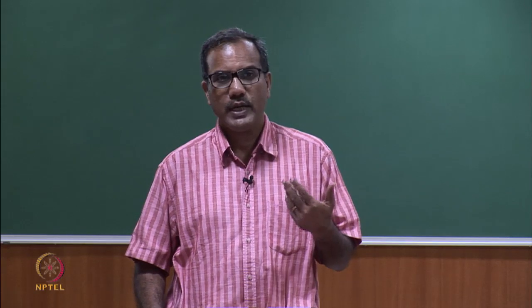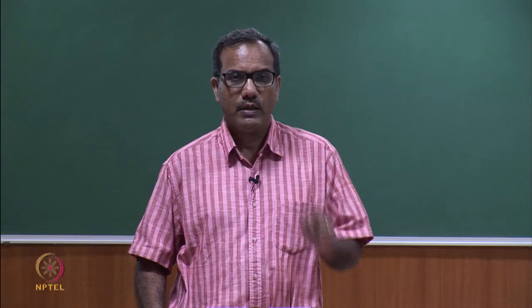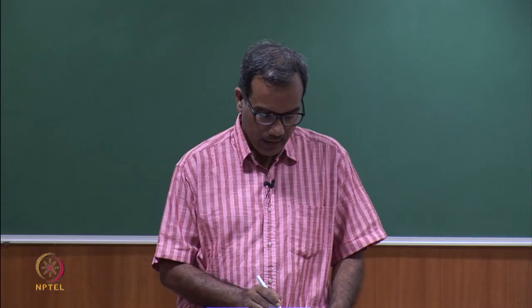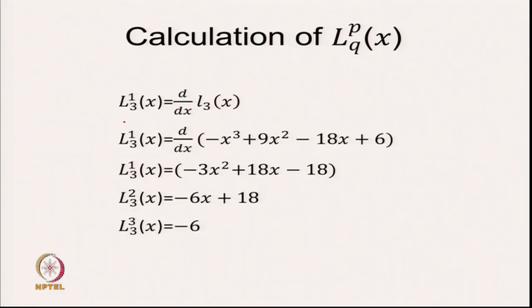So, once I know L3x, it is very easy to calculate L13x or L23x. So, we will see that. L13x should be equal to d by dx of this L3x.